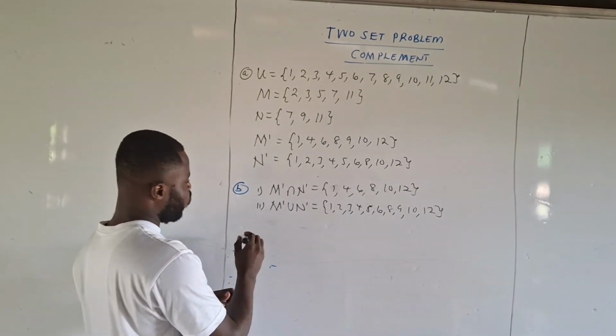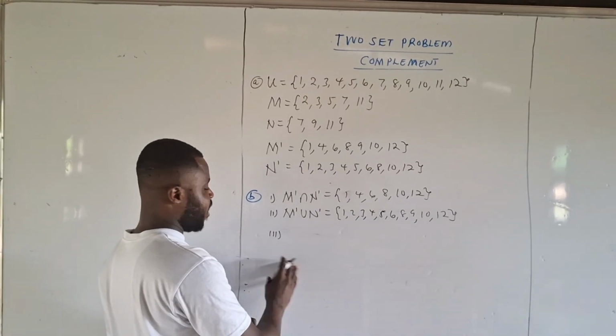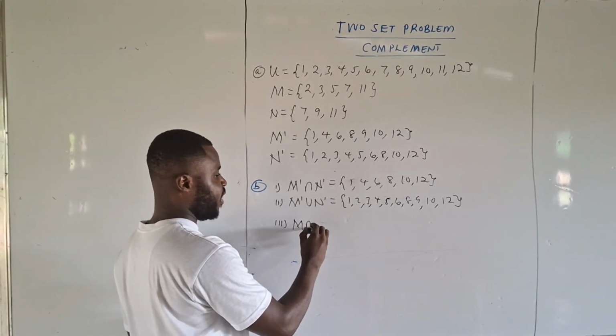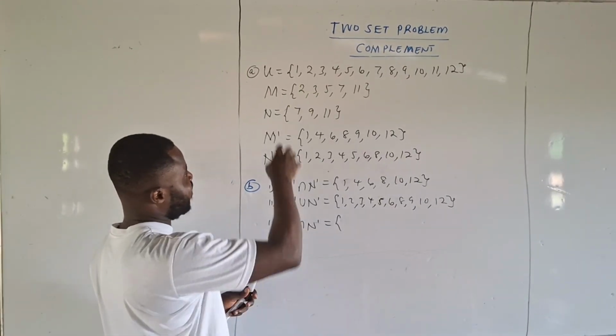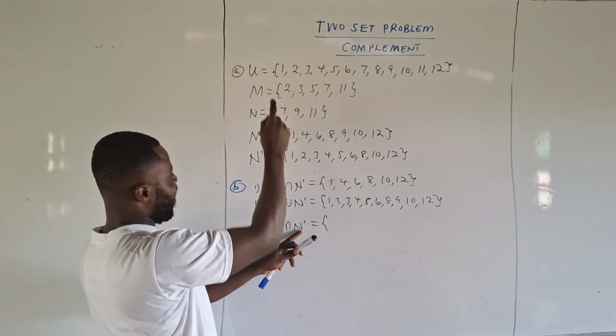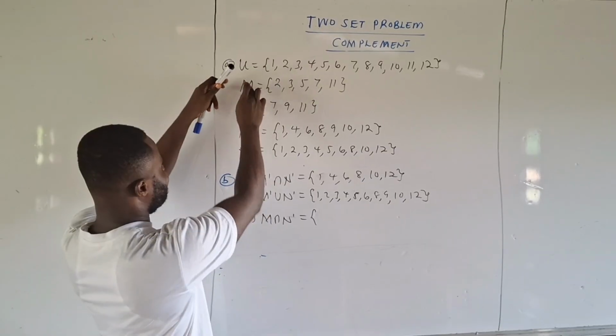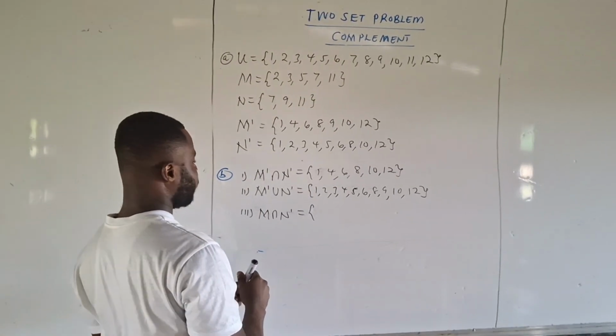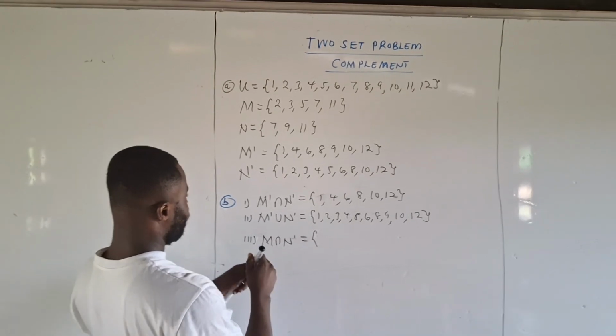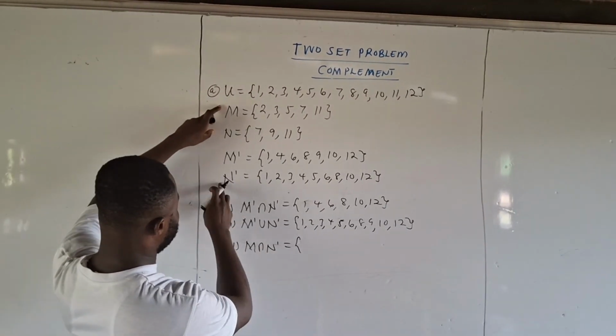Yes, that is it. So we have (iii), which says that we should find M intersection N complement. This one we're going to find the intersection of set M and the N complement. So these two sets, that's what we are going to find their intersection. Now let's compare set M with N complement.